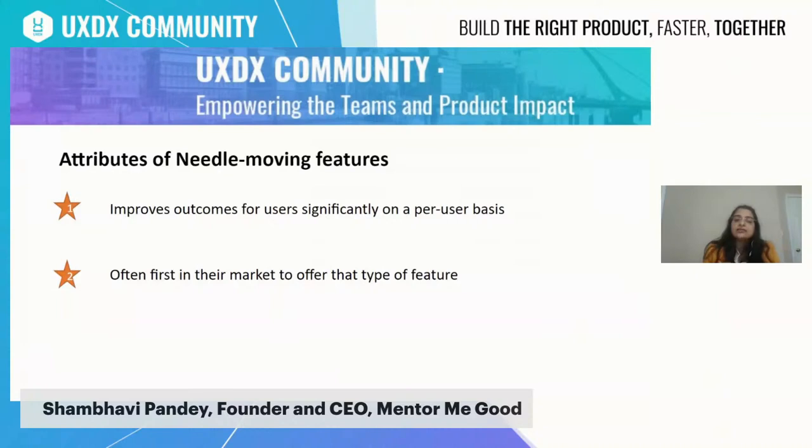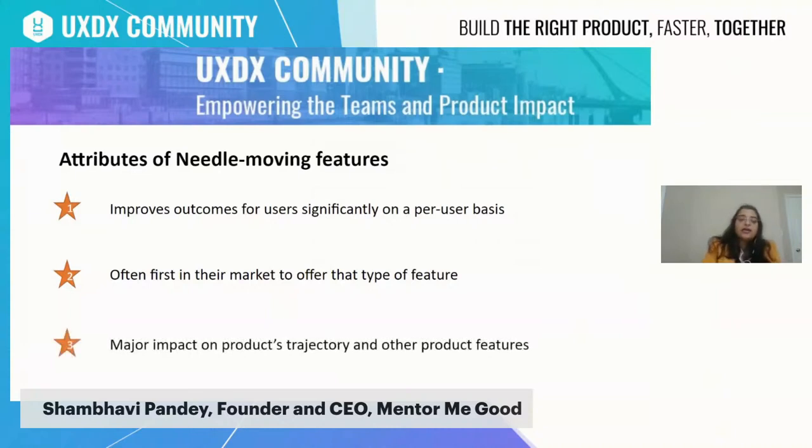The second attribute is that these product features are often first in their market. They might be a distinguishing feature, something that people have not seen before. The third one is that these features have major impact on the product's trajectory overall, its growth, and it can also impact the other product features of that product.